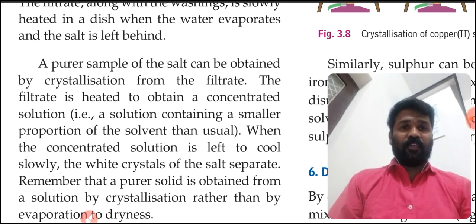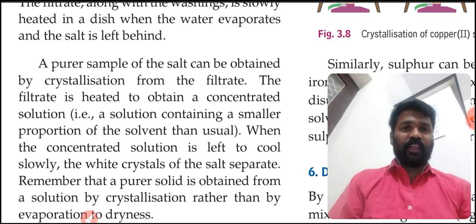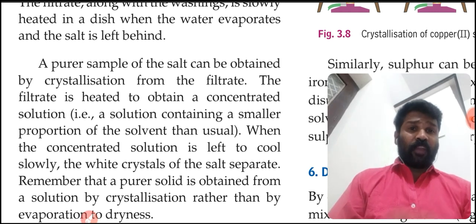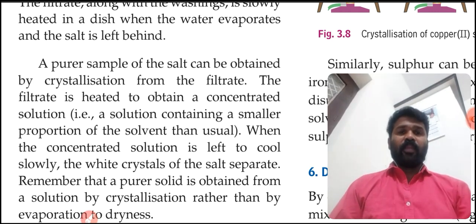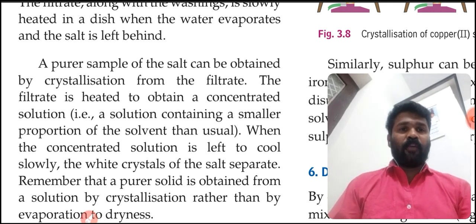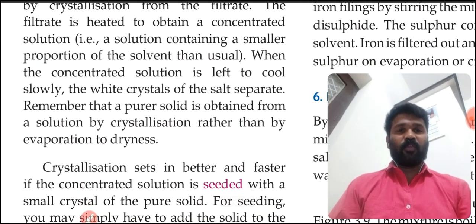The filtrate is heated to obtain a concentrated solution, that means a solution containing a smaller proportion of the solvent than usual. When the concentrated solution is left to cool slowly, the white crystals of the salt separate. Remember that a purer solid is obtained from a solution by crystallization rather than by evaporation to dryness.